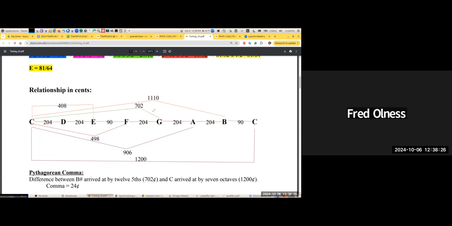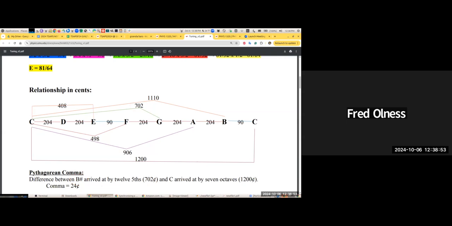And in fact, what you see is that the ideal fifth is 702, and for the equal tempered scale, it would be 700. So it's 2 cents high. And what happens is when you go through 12 of those, 2 cents times 12 is 24 cents. What you find out is that the B sharp you get after you go through the cycle of fifths is 24 cents too high.